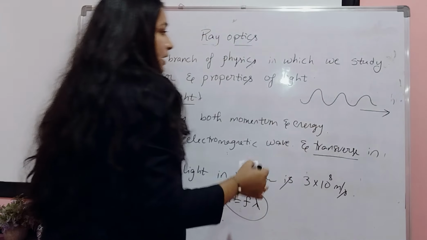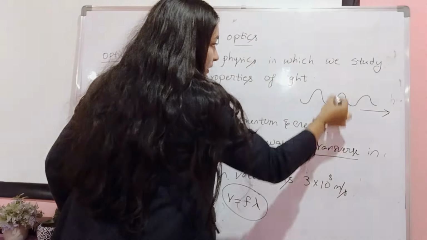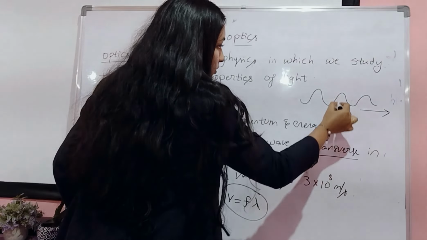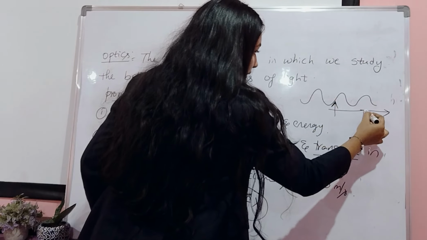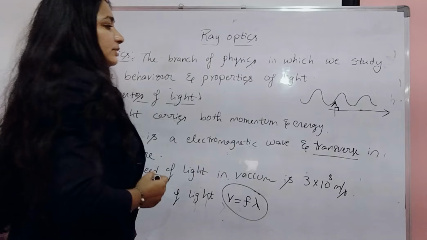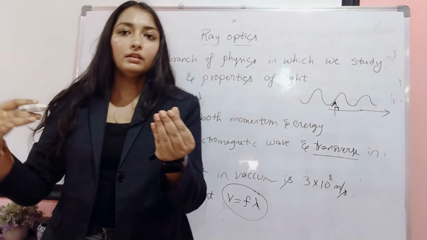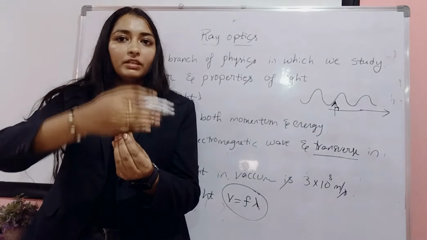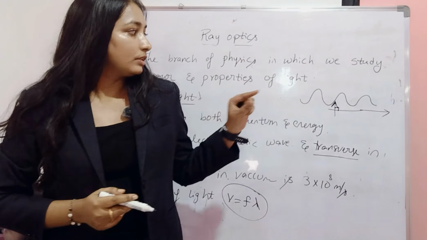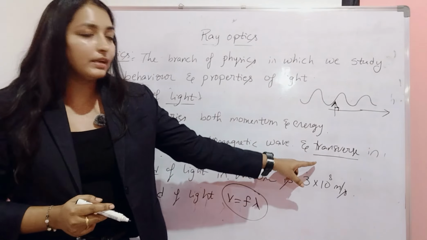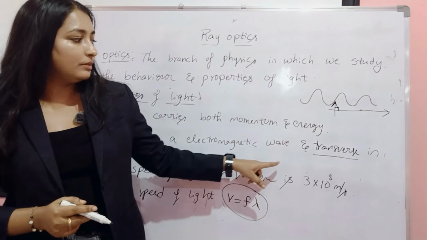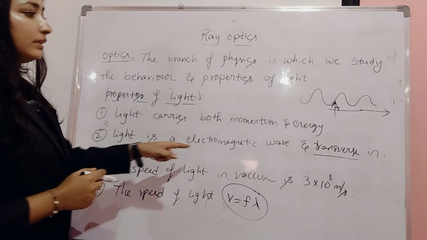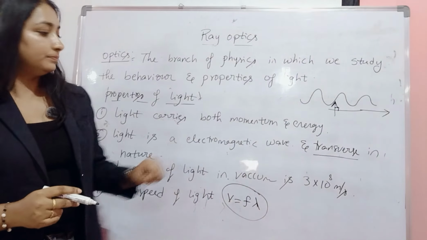Along the x-axis. In which direction is it vibrating? Up and down, along the y-axis. What is the angle between them? 90 degrees. Is it clear? So if the direction of propagation is perpendicular to the direction of vibration, then that wave is called a transverse wave. Is it clear?